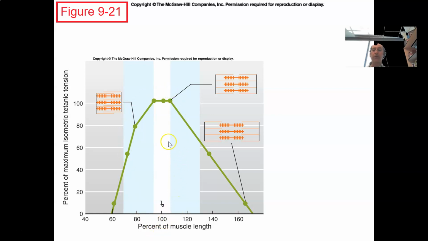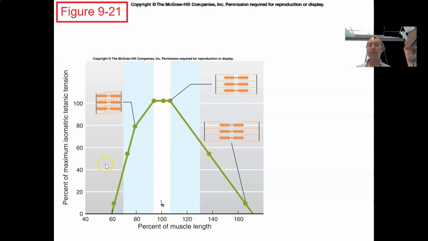Okay, so the resting length is 100% of the length, and the optimal length is 100%. Okay, that becomes very, very important when we get to cardiac muscle because resting and optimal length are not the same. Okay, so the heart is wired a little bit differently.